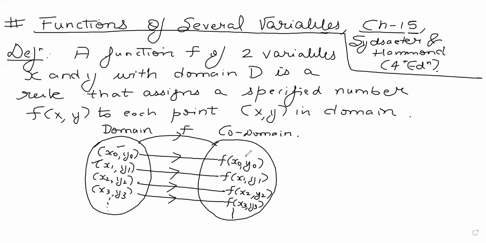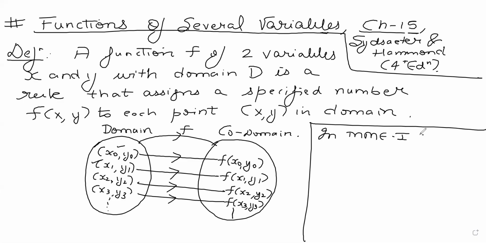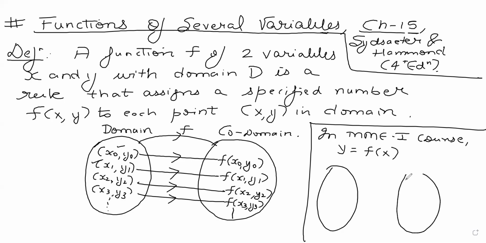Okay, so now if you all can recall the MME-1 course, I can spot the difference for all of you. In the MME-1 course, we just had y as a function of x. So our diagram was like this. Domain, codomain, we just had x0, x1, x2, x3, and so on.